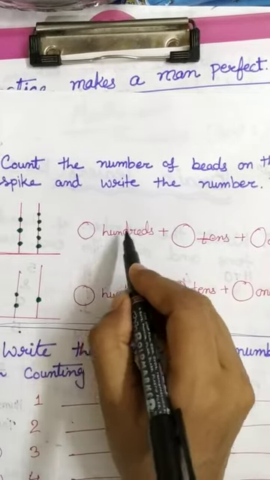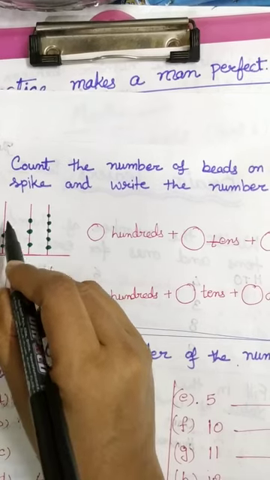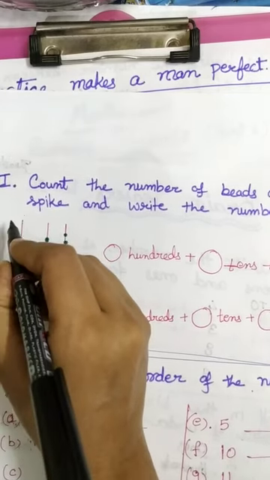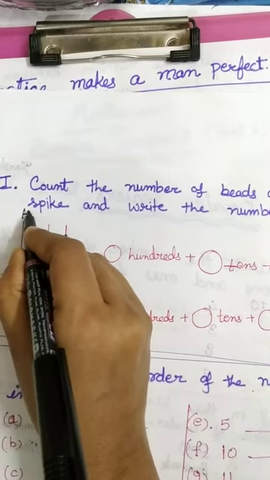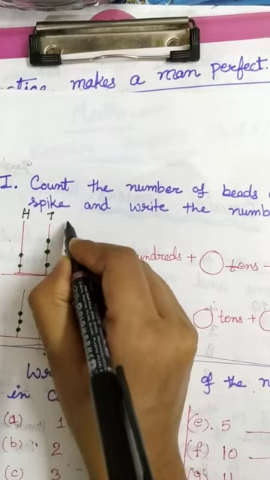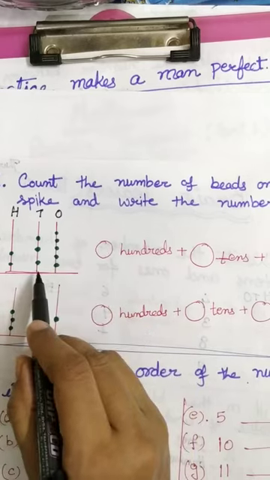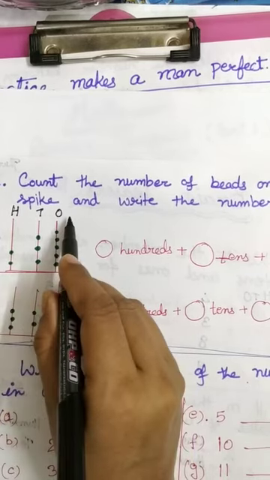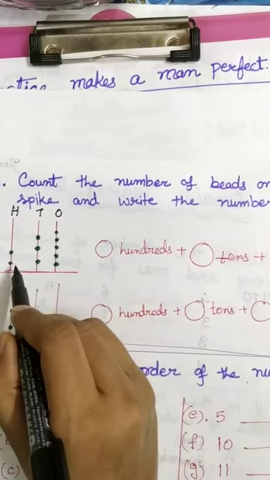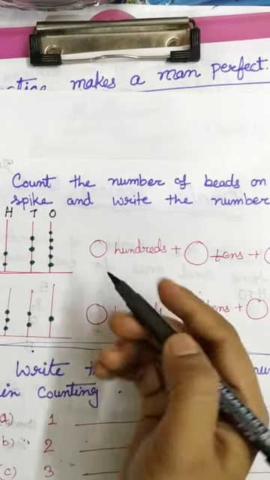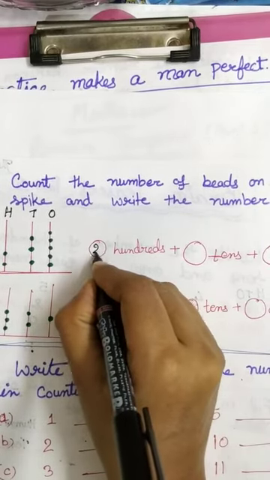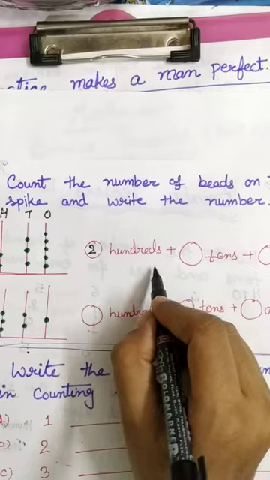At hundreds place, these beads, because this is which side? Spike of 100, spike of tens and spike of ones, which I had not written. Now you got the clue. Spike of 100, count the beads, very easy. 2 beads are there, 2 hundreds.